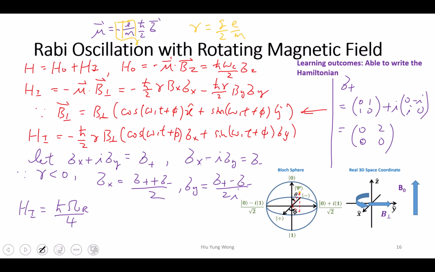Where capital omega r equals the magnitude of gamma times B perpendicular.